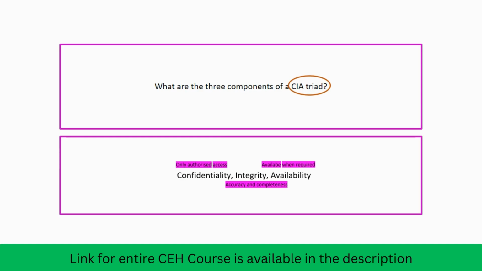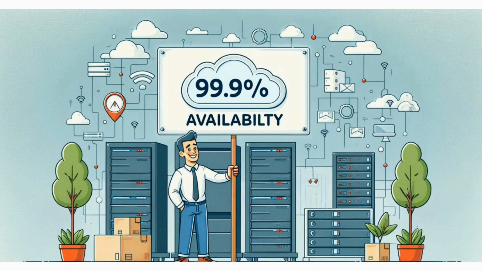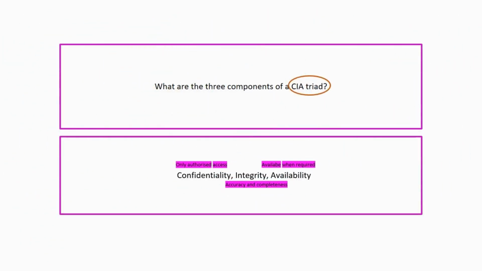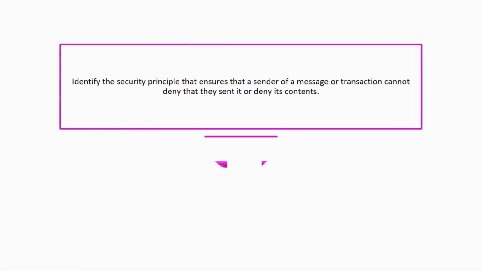Availability means information should be available as and when required by the authorized user. Overall, CIA Triad provides a framework for information security that organizations can use to protect their valuable information assets.